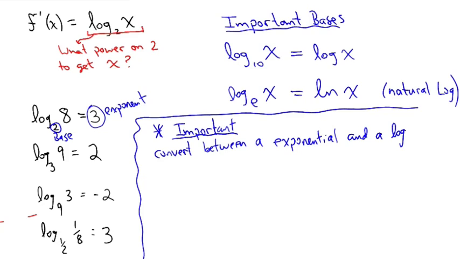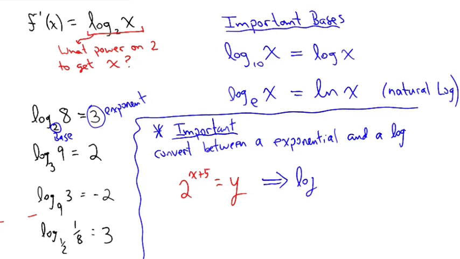For instance, if I have 2 to the x plus 5 is equal to y. Some weird stuff. I can convert that into its logarithmic form by just writing log.